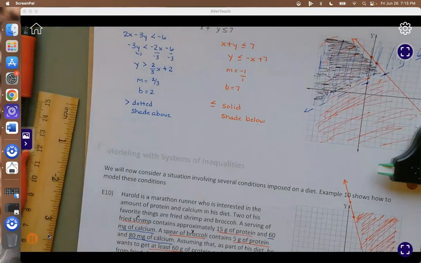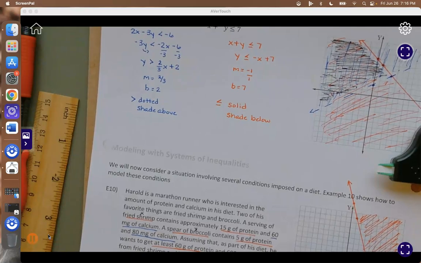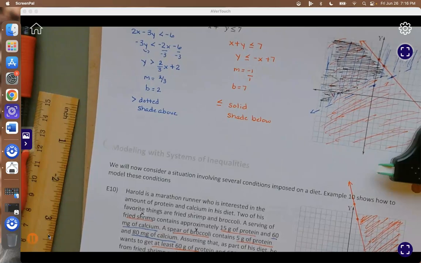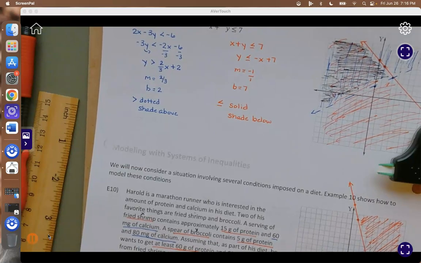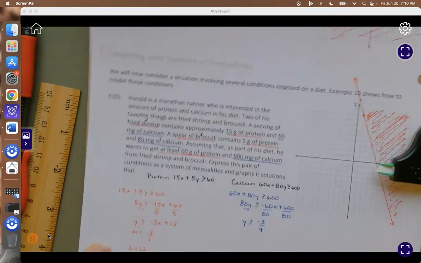Now let's do the other one. 60x plus 80y is greater than or equal to 600. So we have 80y. We're going to move the 60x over. We're going to divide by 80. So y is greater than or equal to negative 3/4x plus 7.5. It gives you 0.75, but you need that as a fraction. Sorry about that.